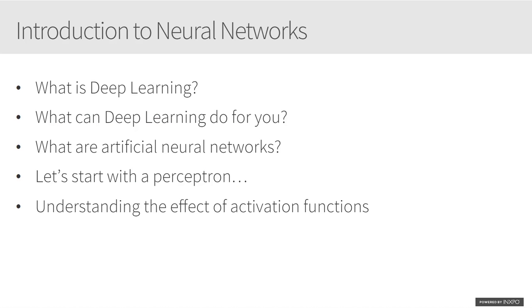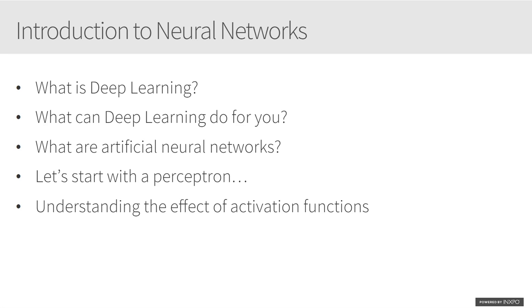For today's session, just as Bill noted, I'm going to do a quick rehash. What is deep learning? We're going to be talking about what deep learning can do for you. What are artificial neural networks? Let's start with the perceptron, and then understand effective activation functions.